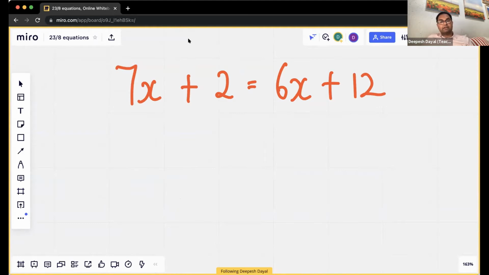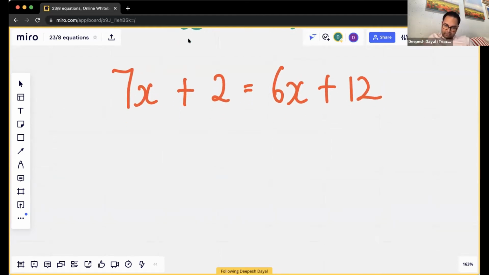But use the algebraic way that we did now. Take x's to one side, numbers to the other side, right? So you keep x's on this side here, and then we'll put numbers on that side, right? Okay, let's try that.